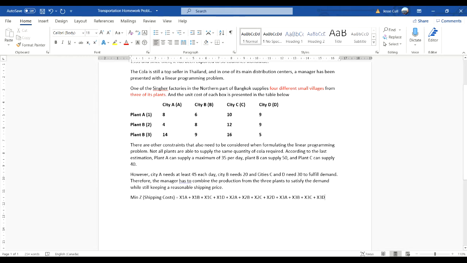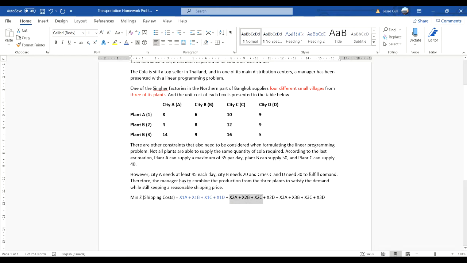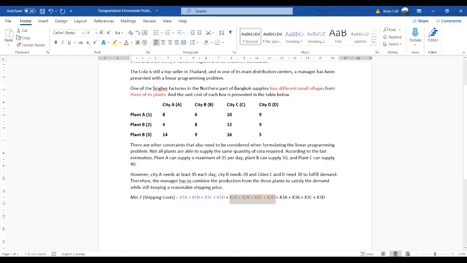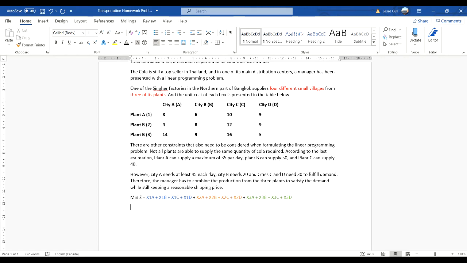Now, in this situation, we have our shipments from plant A, plus our shipments from plant B, plus our shipments from plant C. So what we'll do is move this down just to make it a little easier to understand. So minimize z, shipping costs.